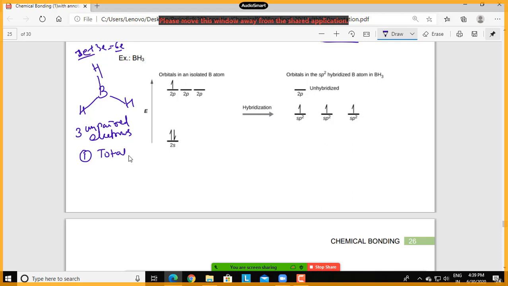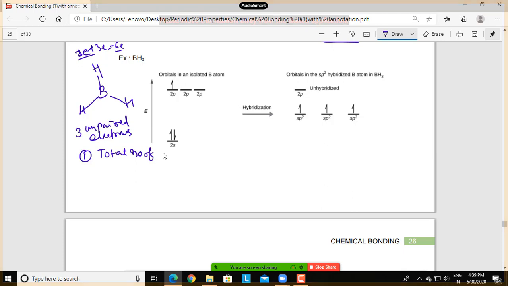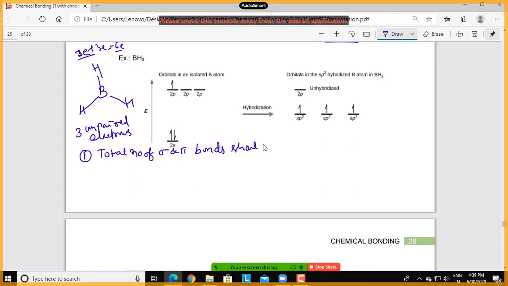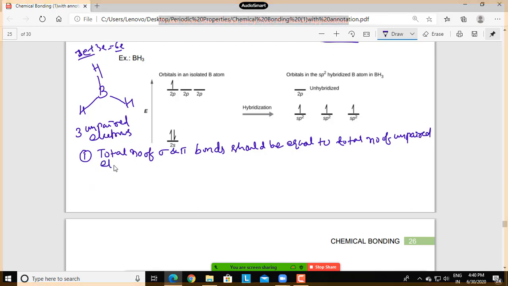Total number of sigma and pi bonds should be equal to total number of unpaired electrons at the central atom.